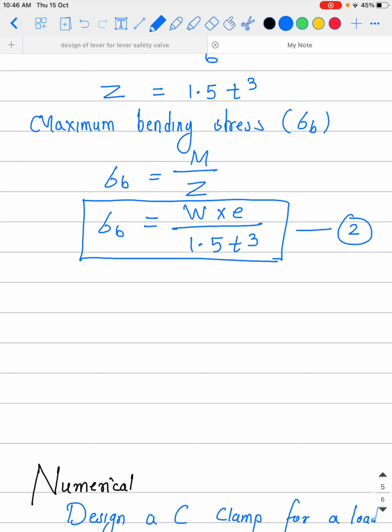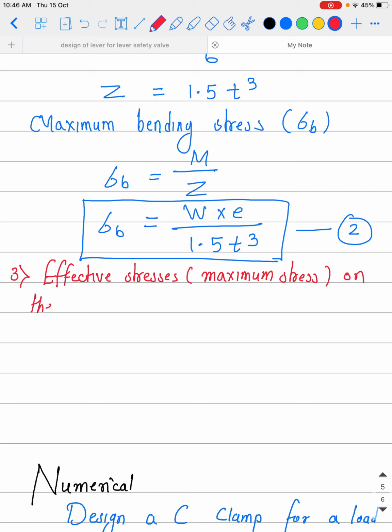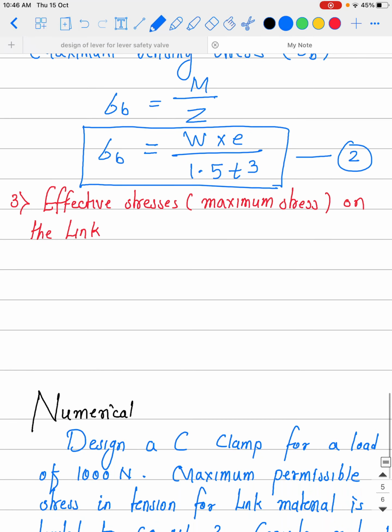So third, the effective or maximum stresses on the link is given as sigma max is equal to sigma T plus sigma B, that is, direct tensile stresses and the bending stresses.